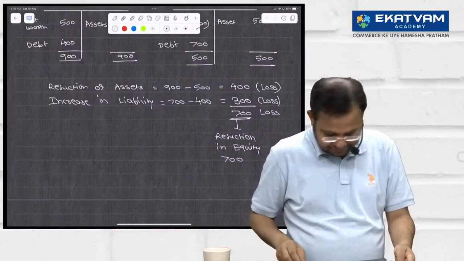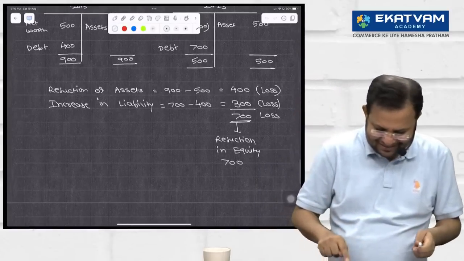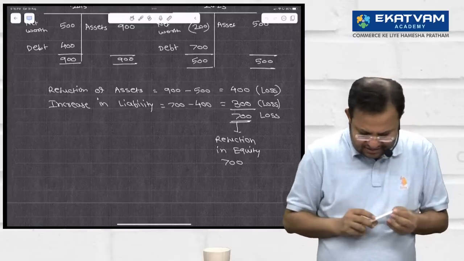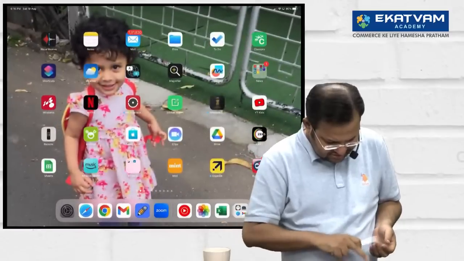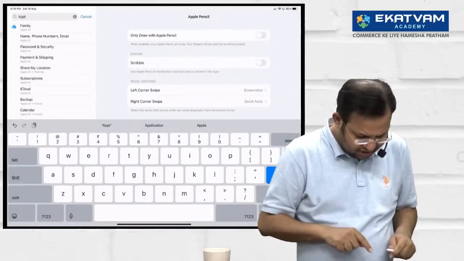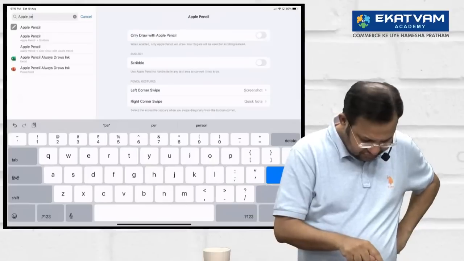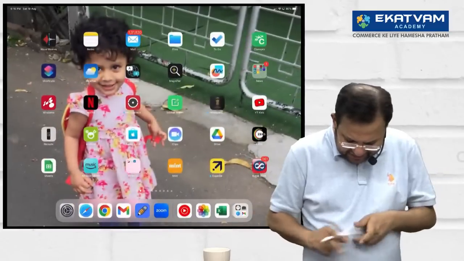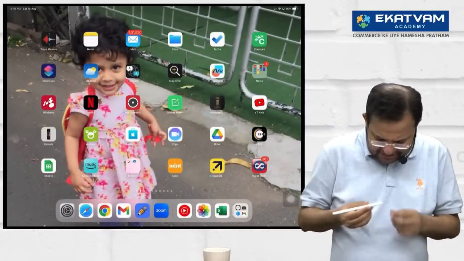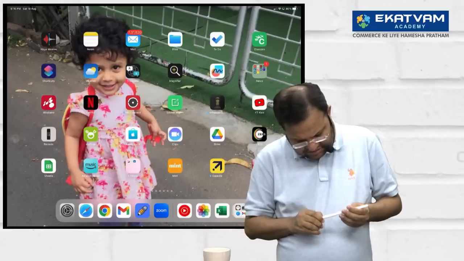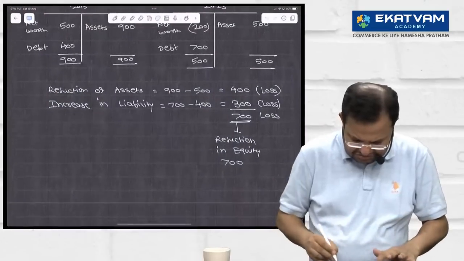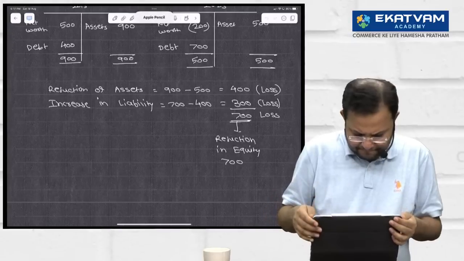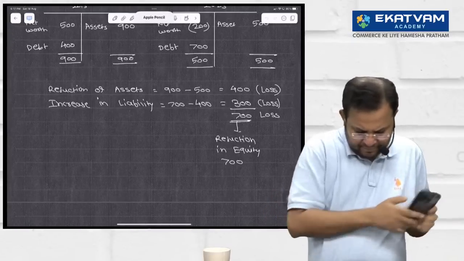Oh God. पागल है क्या? इट इज नॉट डिटेक्टिंग अ पेंसिल इटसेल्फ.